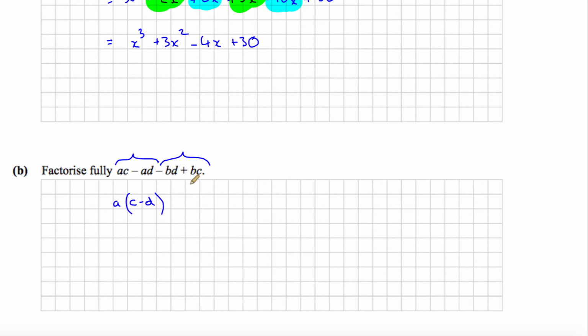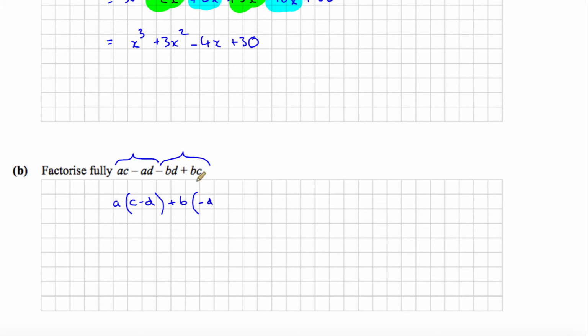Now, when you're doing this pairing factorizing, you're hoping that you get the same thing in the brackets. So I can see here that if I take b out of these 2, if I take b out of this, I'll be left with c. So that's how I know that I'm going to try and take a positive b out rather than a negative b. So if I take b out of this, I'm left with the negative d.